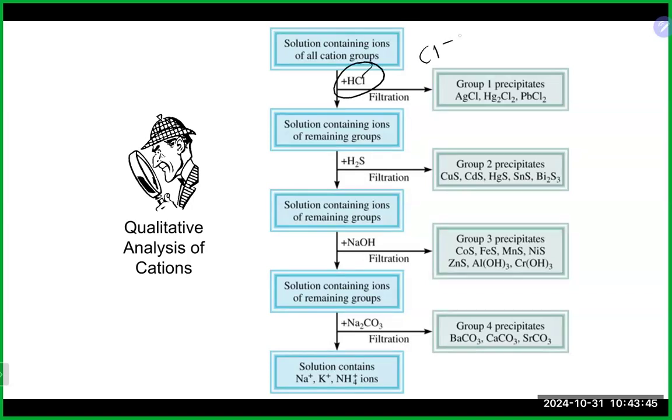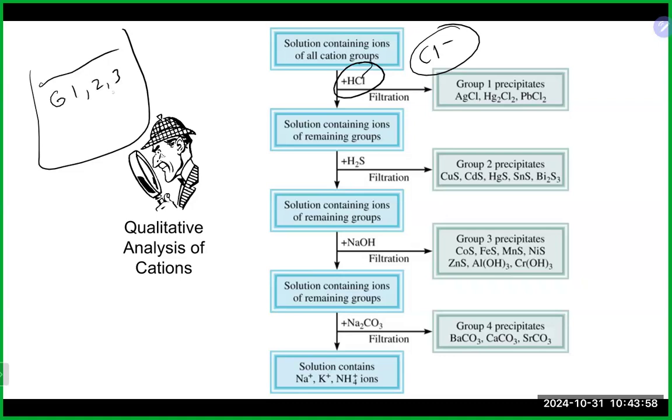The chloride part of it is what's going to precipitate out those group 1 ions. If you had an unknown in a beaker with group 1, 2, 3, 4, and 5 ions floating around, you would add something like chloride. That would only take group 1 out as a solid. All the rest of the guys would still be floating around.